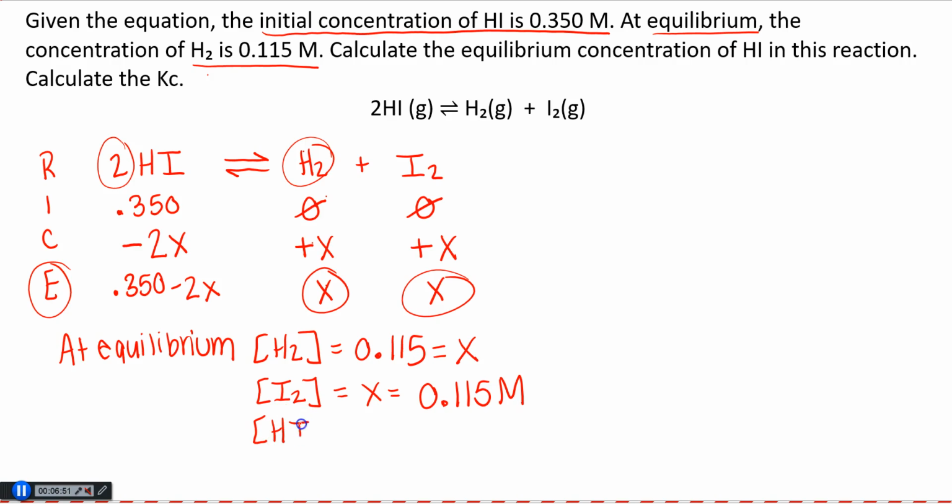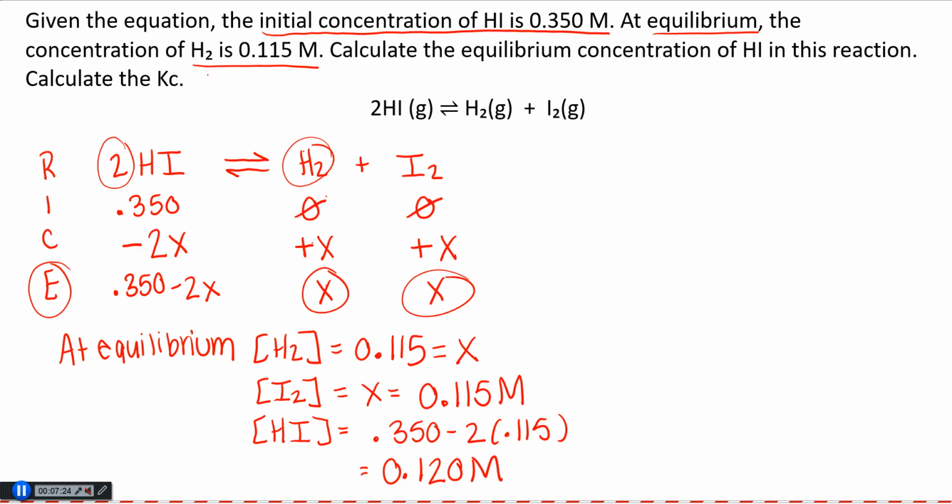And then hydrogen iodide gas is equal to 0.35 minus 2 times x. So let me grab a calculator really quick. 0.120 molar.